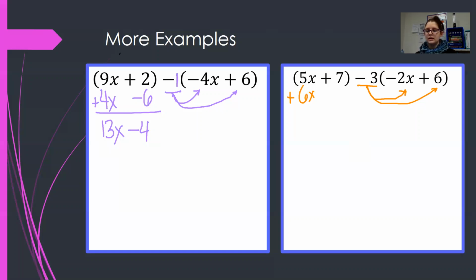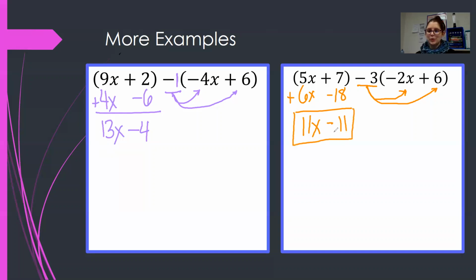And negative 3 times positive 6 is a negative 18. So 5x plus 6x is 11x. Positive 7, negative 18, those are different signs. I subtract. 18 minus 7 is 11. I have more negatives, so it's negative 11.